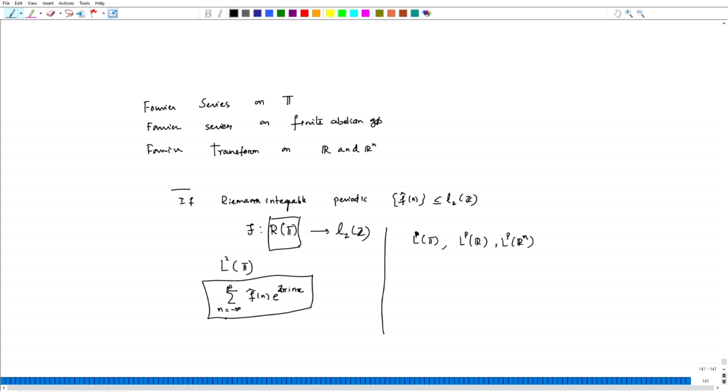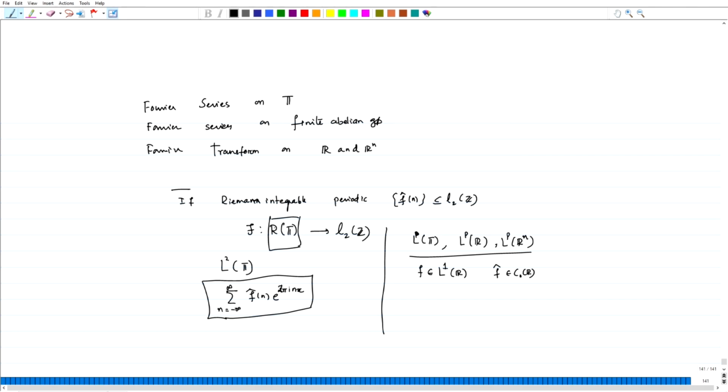For example, if f is in L1 of R, then we get that f hat belongs to C0 of R, because the functions in the Lebesgue spaces which are integrable can be approximated through simple functions. And one can show that the Schwarz space is dense in all those spaces. Therefore, the Fourier transform can easily be extended to all these spaces.